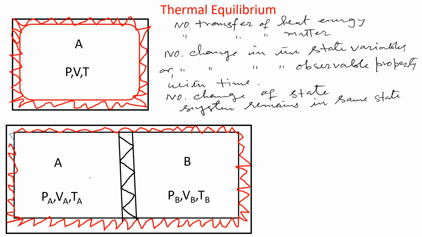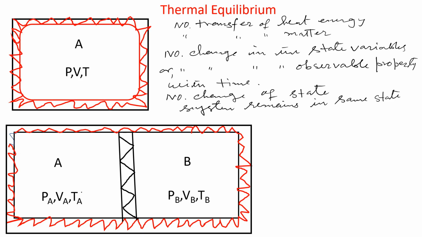Now coming to this diagram. Here there are two systems A and B, gases or fluid, anything. Here the pressure of A is PA, volume VA, temperature TA. Here it is PB, VB and TB. And they are kept in an insulated container. Moreover, the boundary between them is also insulated.